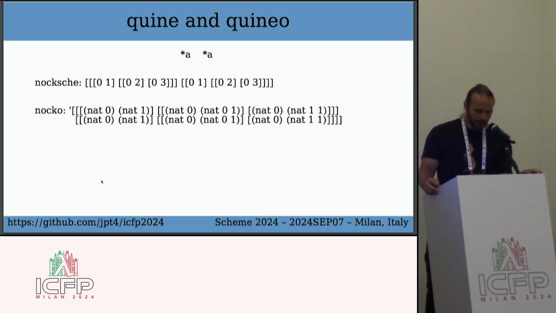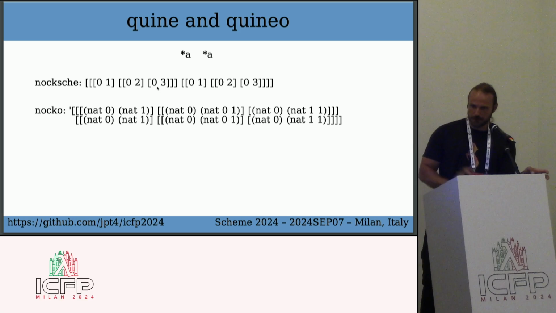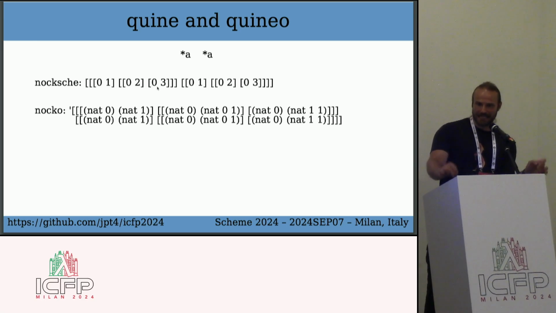But what I want to draw attention to is that if we look at the Nock expression in the first line, it's only using the zeroth reduction rule, which is the tree index reduction rule.